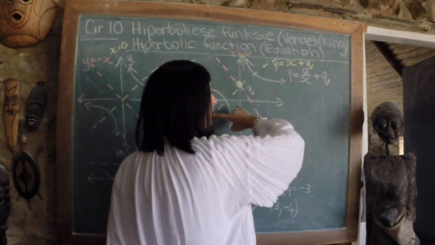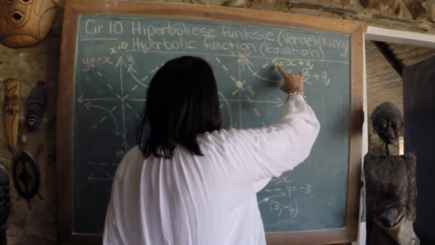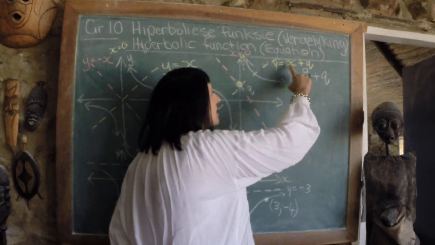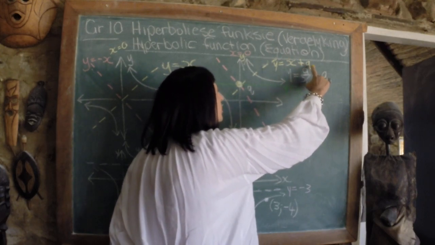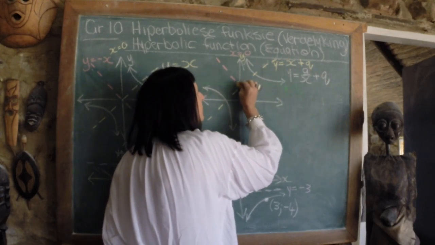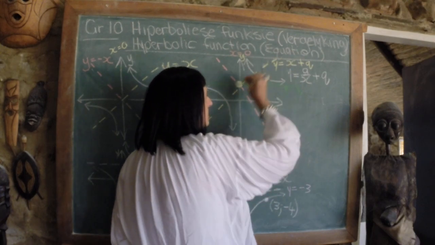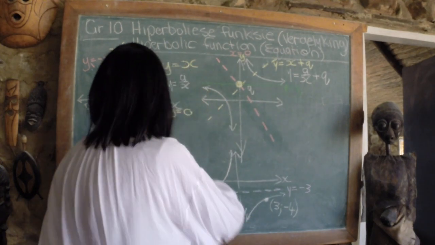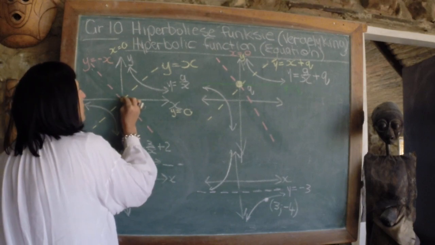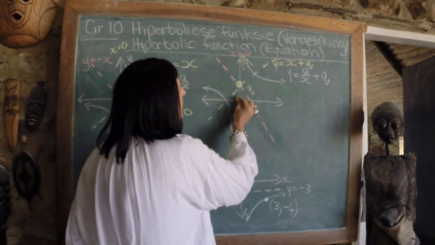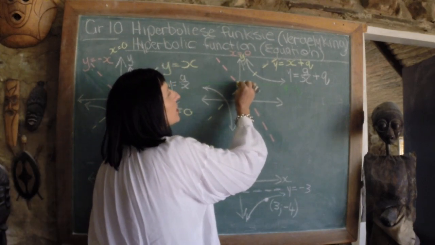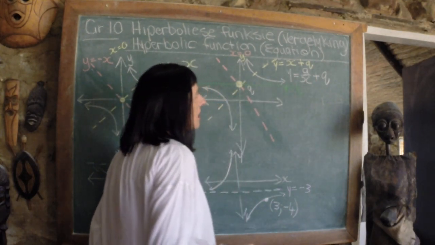So the gradient of this straight line is still y equals 1x plus q, that value where the new symmetrical axis is now going through. Onthou hierso het hy deur die waarde 0 gegaan. Nou gaan hy nie meer deur 0 hier nie, hy gaan nou deur q, so ek sit hom net as 'n ster aan.